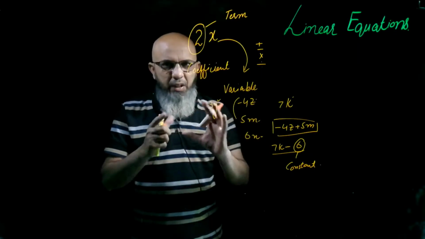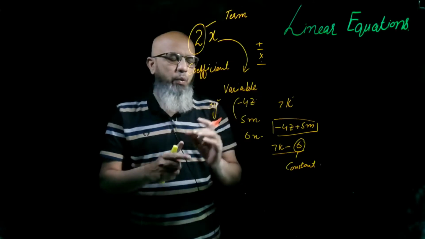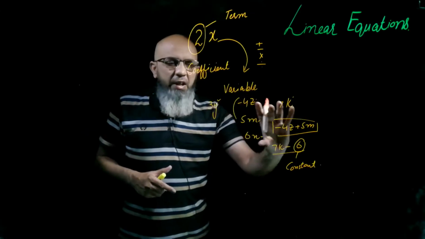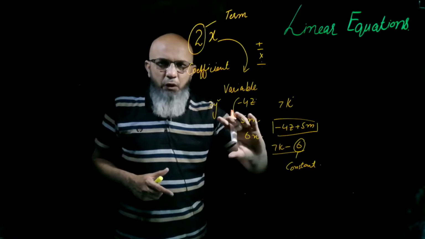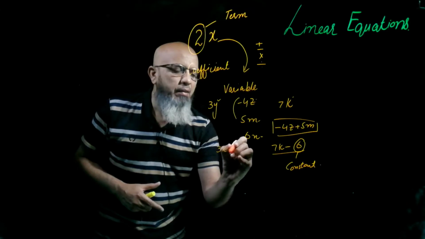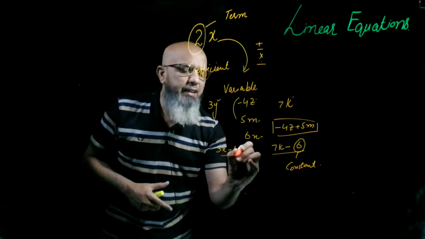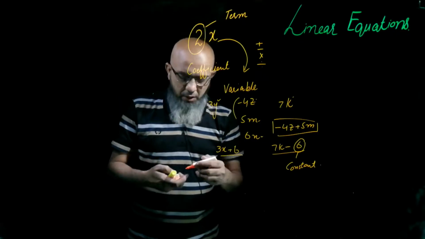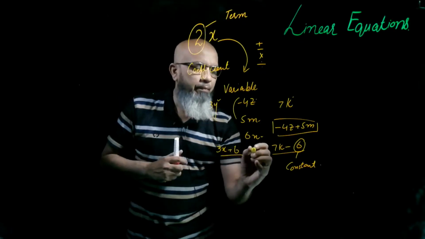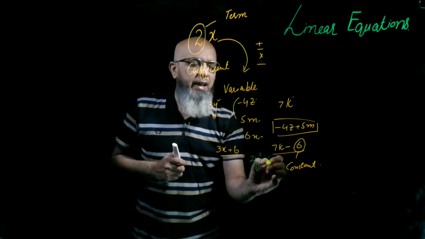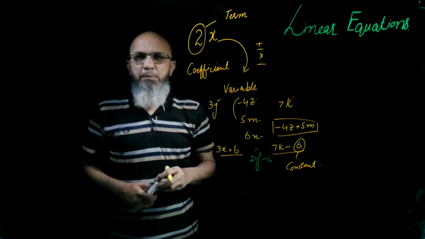What is the difference between linear and non-linear expressions and equations? These are examples of linear expressions, like 3x plus 6. And if I write another expression, 2y square minus 6, that is a non-linear expression.